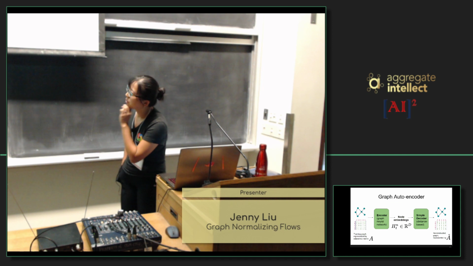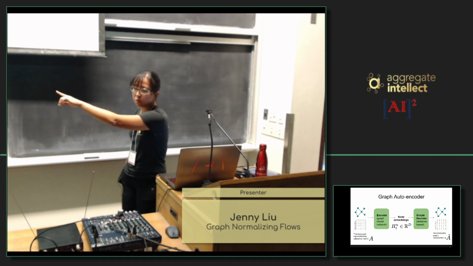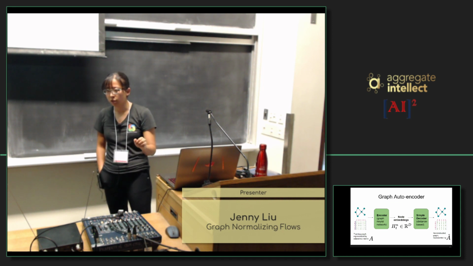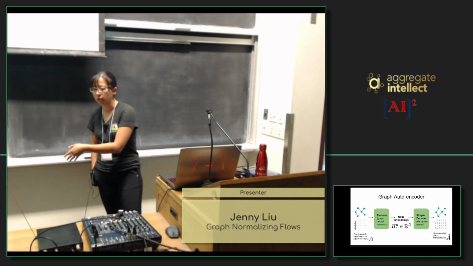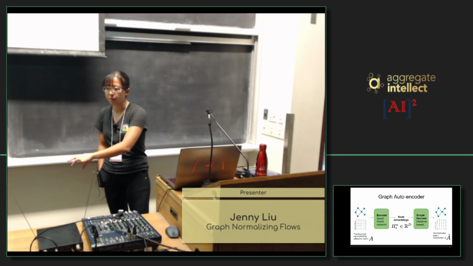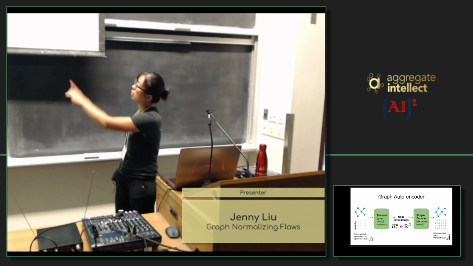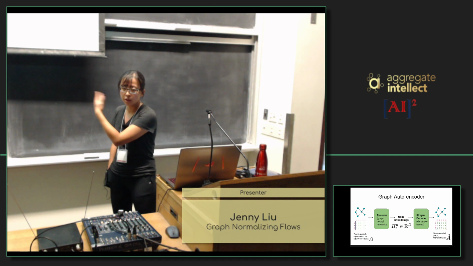I probably forgot to mention that we start out with random Gaussian vectors, so it's really just noise at the start. Then the graph neural network learns to transform that noise into a set of embeddings such that when we run the decoder on it, it gets us the correct adjacency at the end.